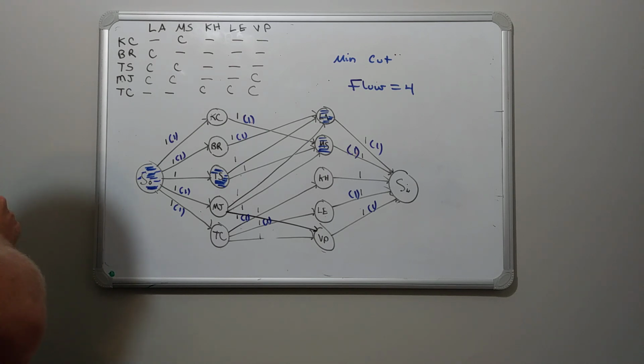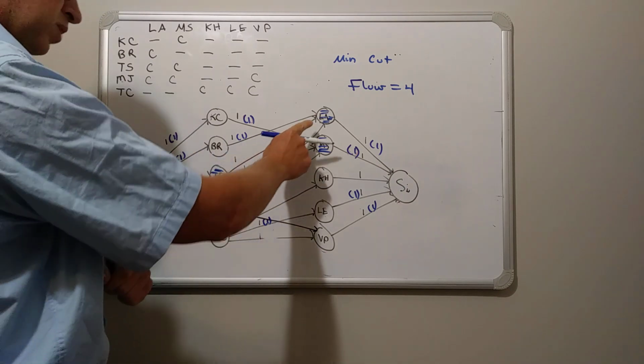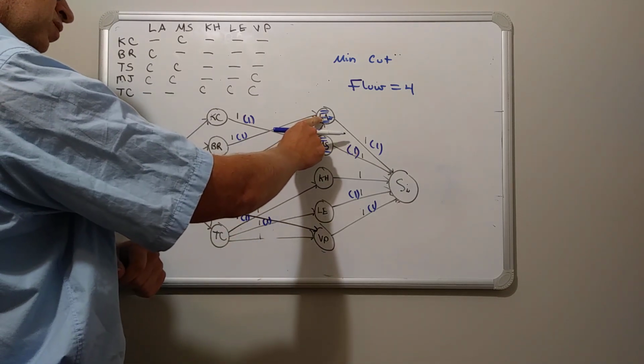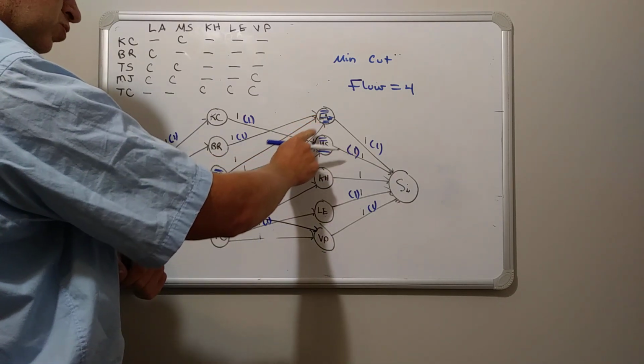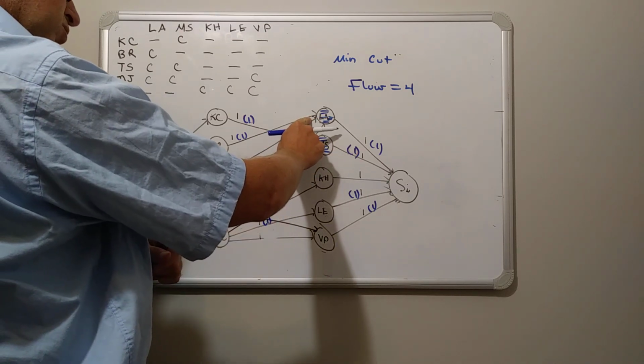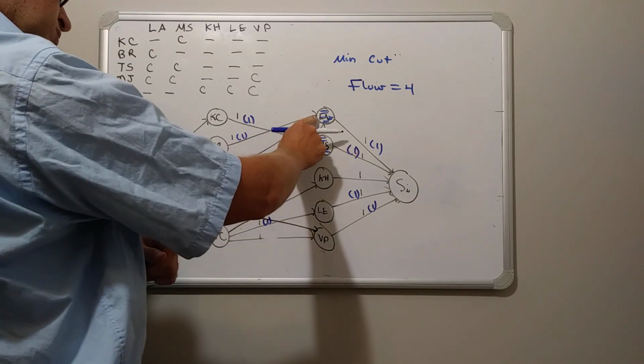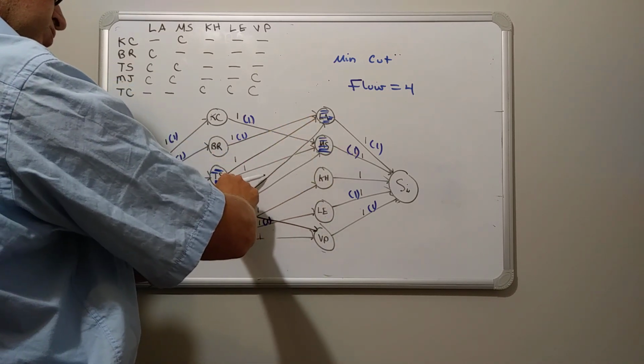Now, where can we go from LA? Well, remember, we can backflow, right? So from LA, we can look at going back here to BR, and this is where we came from.